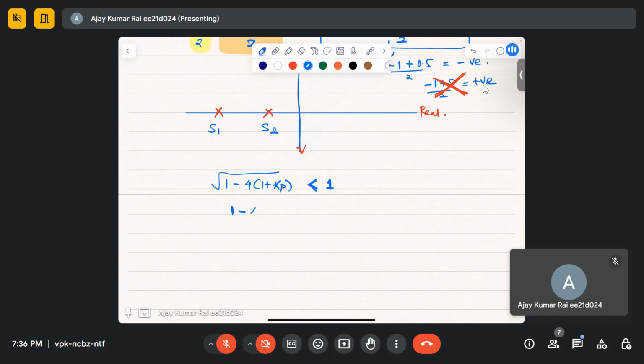Or we can say the root of 1 minus 4(1 plus Kp) is less than 1. So what you'll get is minus 4Kp less than 0.